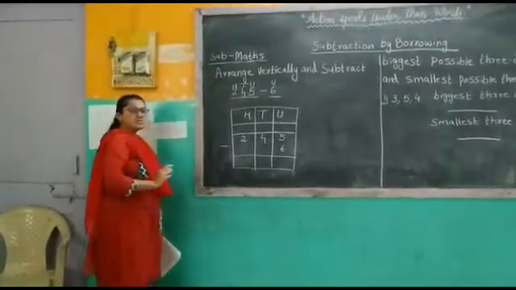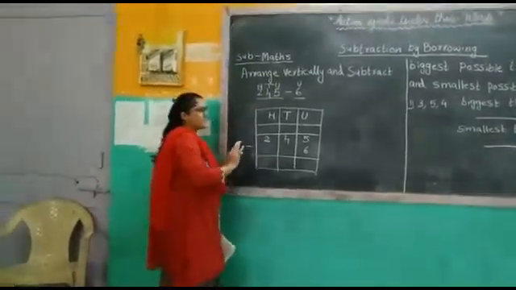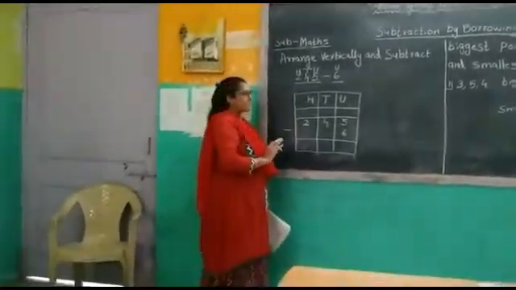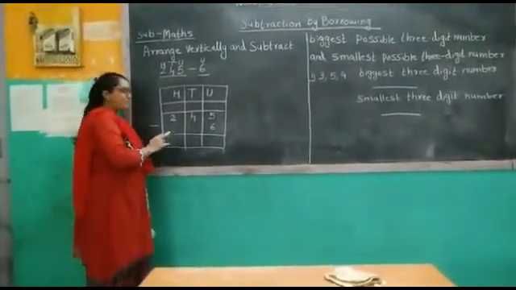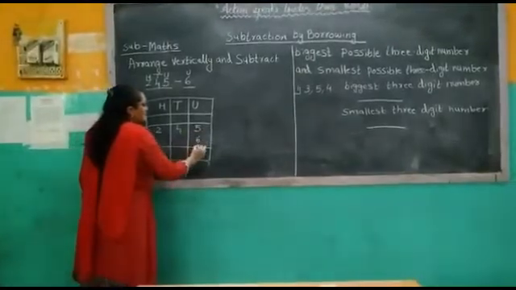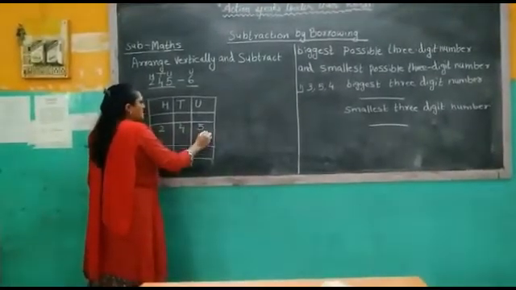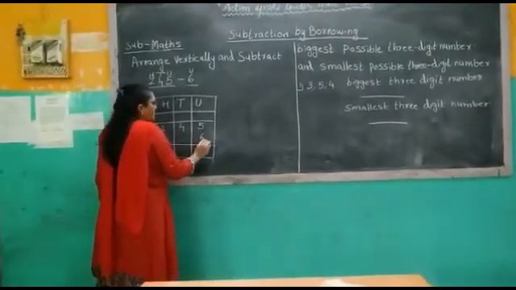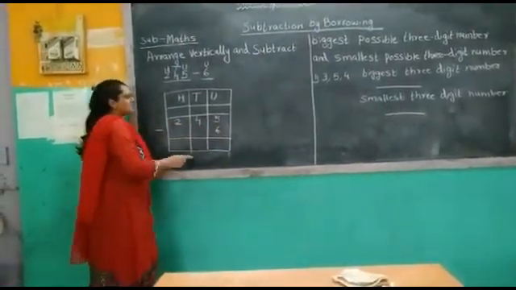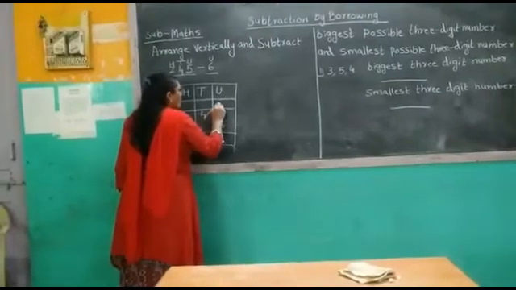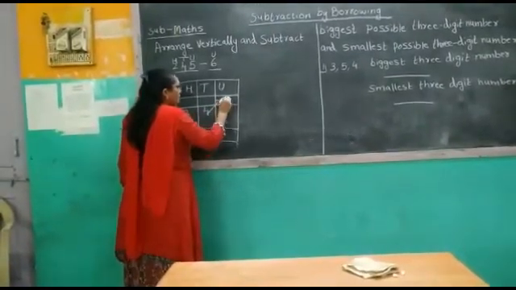Now how to subtract? We have already seen so many examples of subtraction, so here also we are going to use the same method. Now see, 6 minus 5. Sorry, we cannot subtract 6 from 5. So what will we do here, children? Again we will borrow 1 from this 4.